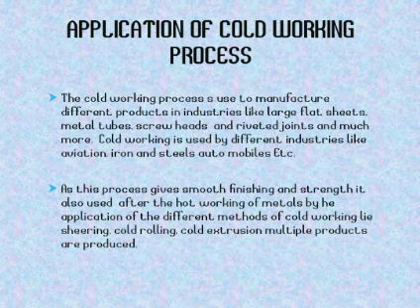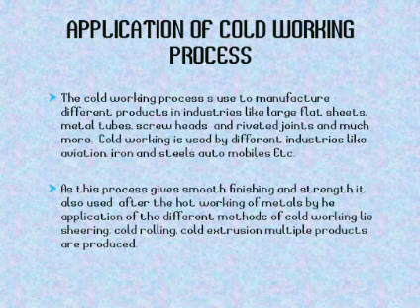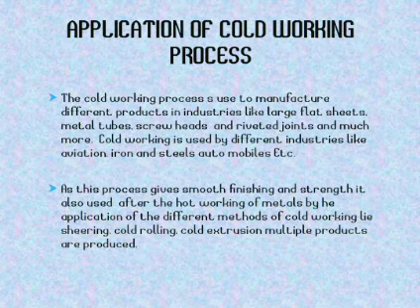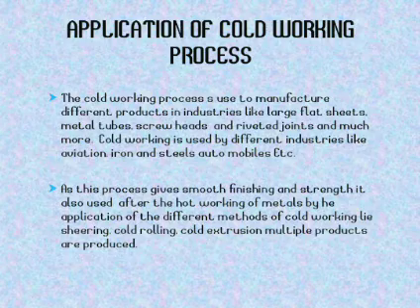As this process gives smooth finishing and strength, it is also used after the hot working of metals, with different methods of cold working like shearing, cold rolling, cold extrusion, and multiple products are produced.